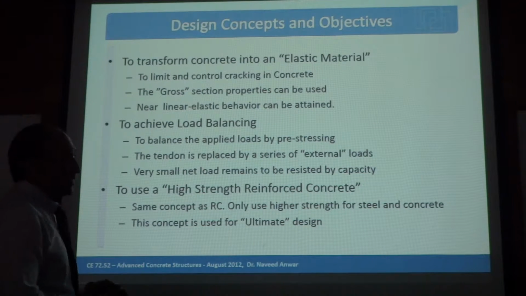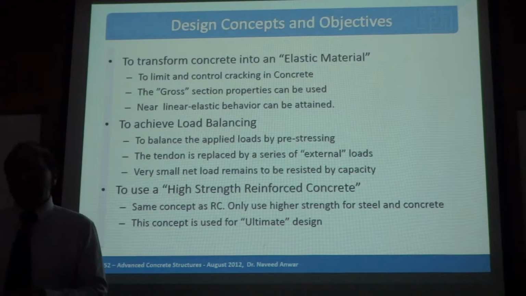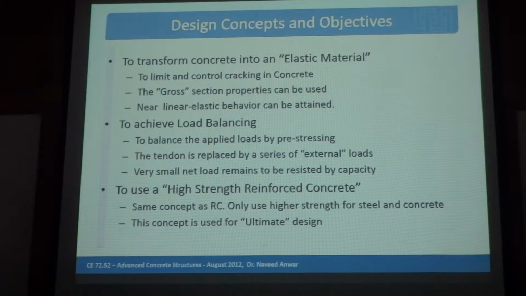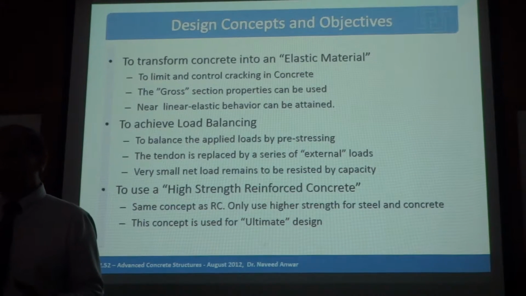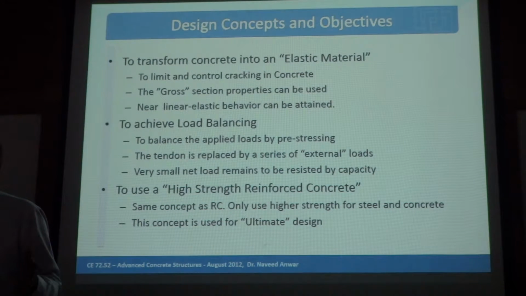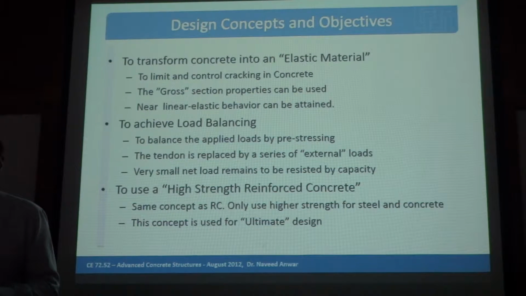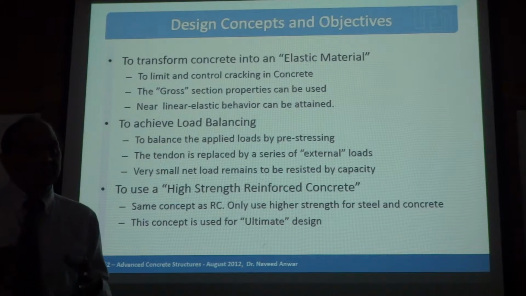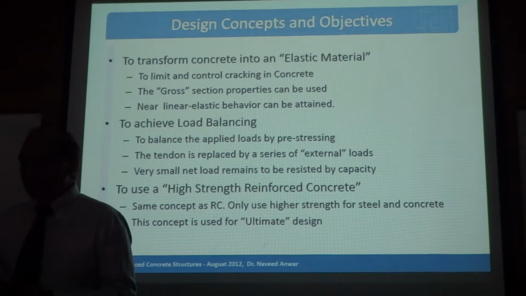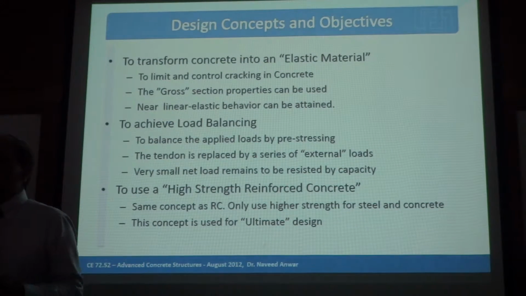The second advantage, which you may not have studied, is to achieve load balancing. That means we do the prestressing in such a way that most of the load is pre-balanced. That means a zero stress state can be achieved in a member. When you load it, there is no stress. In a perfect world, you can prestress a beam in such a way that after loading, the whole beam has no stress.